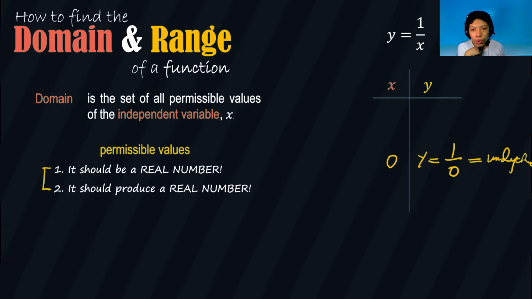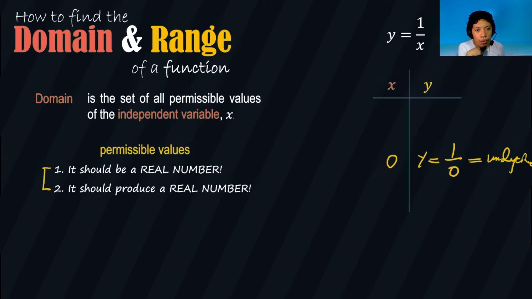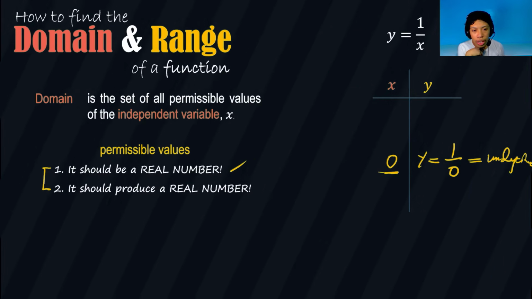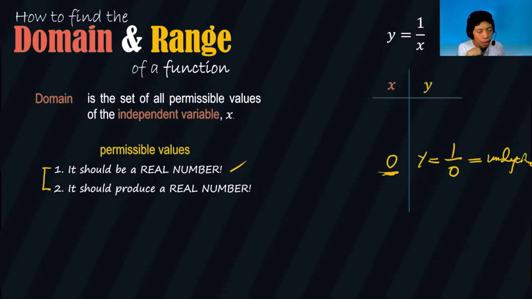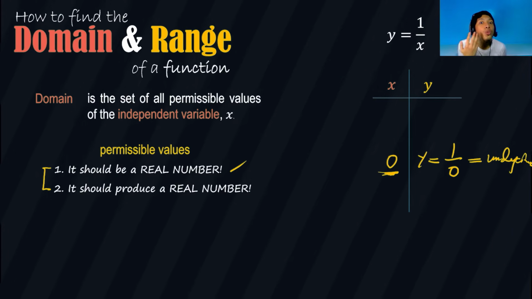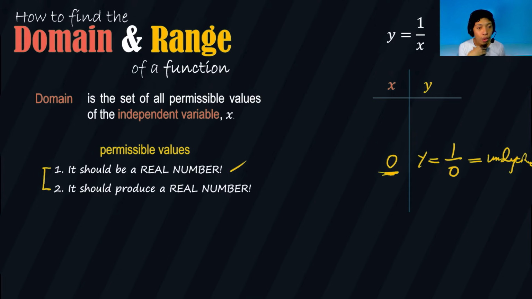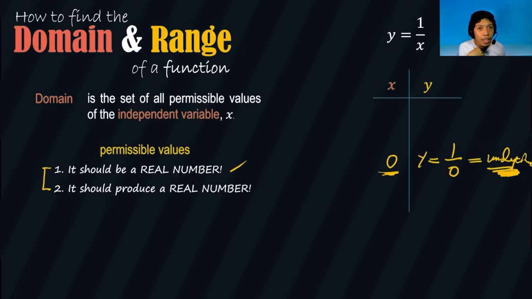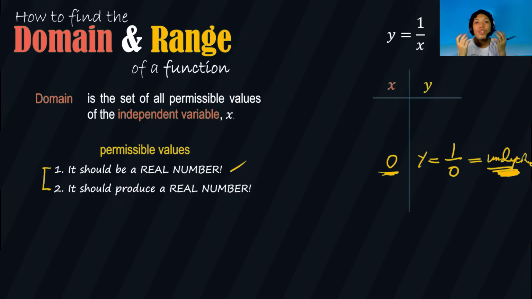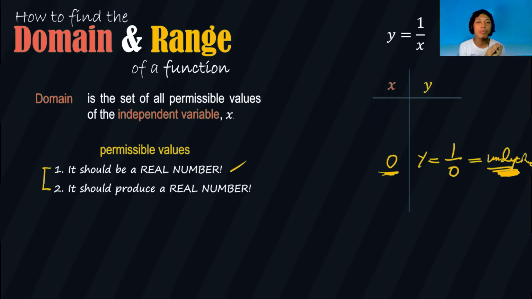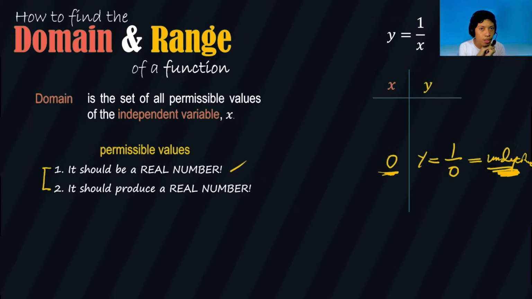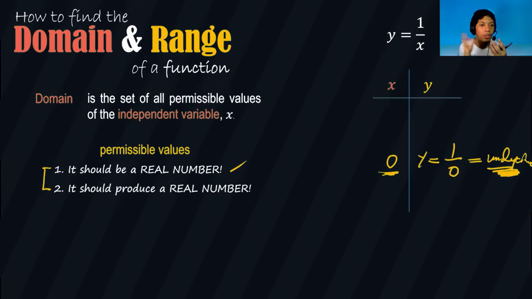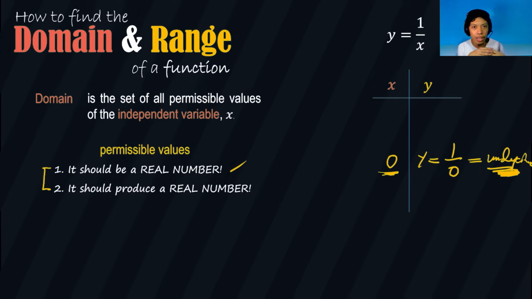So, okay, let us try to evaluate if 0 is a permissible value. Okay, criteria number 1, check. 0 is a real number, but did it produce a real number? No, it did not produce because the result is undefined. Ibig sabihin, 0 is not a permissible value of x. Okay? That's the time where you can say that, oh, this number is not a permissible value.